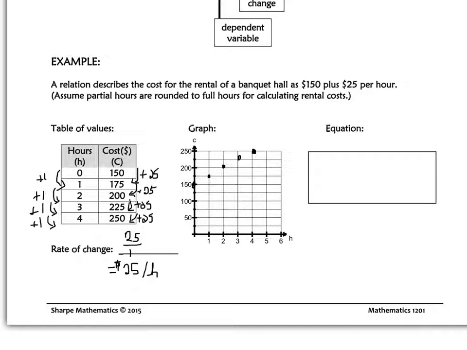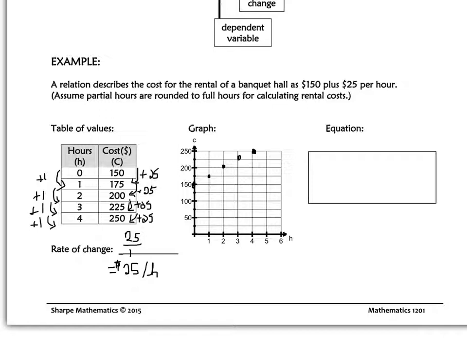And you can see by using the graphing method that it is a linear pattern as well. We wouldn't connect the points here because we said at the beginning that partial hours are rounded to full hours, so we wouldn't be able to calculate a charge for partial hours.